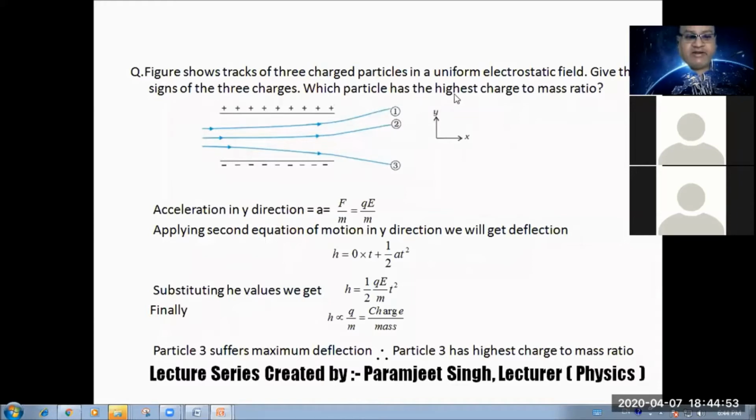So which particle has the highest charge to mass ratio? Charge to mass ratio means Q by M. Suppose charge on the particle is Q, mass of the particle is M. We have to find which particle has the highest Q by M.